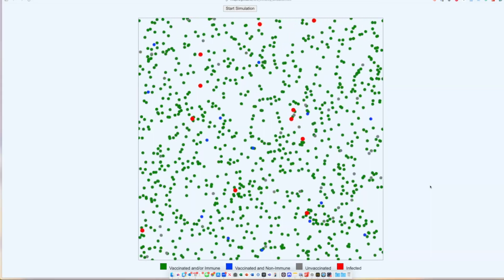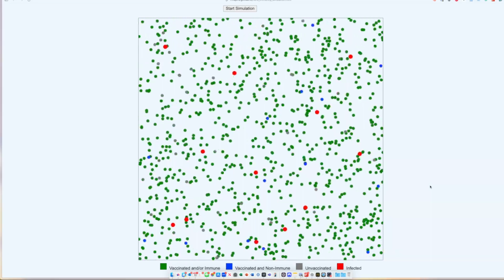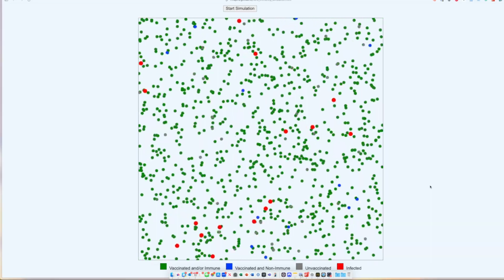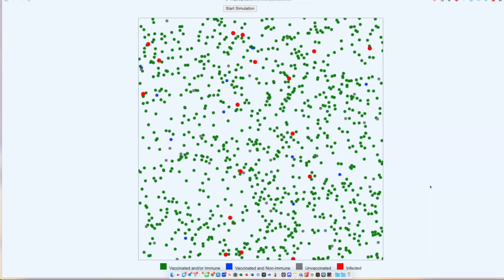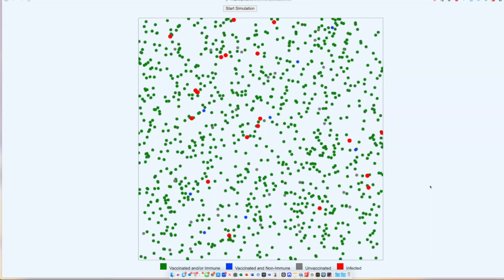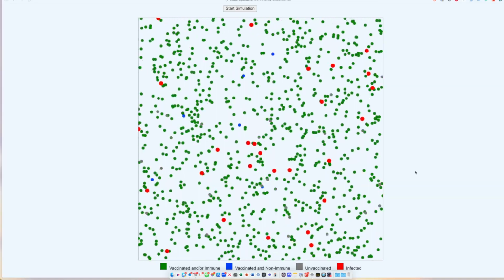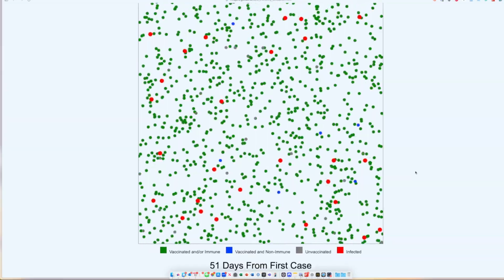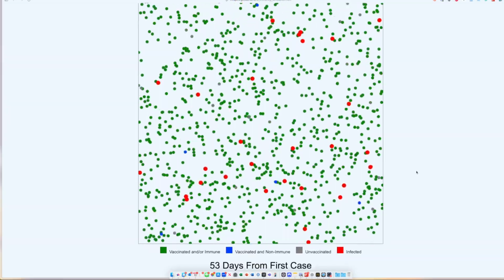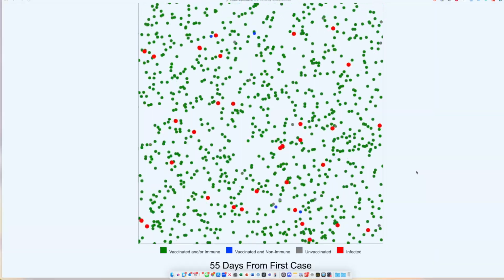The simulation will stop either when everybody's infected and recovers, and so they turn green, or when there are no more red dots in the simulation. So here we are several days in. We're 50 days in from the first case, and you can see how this epidemic continues.